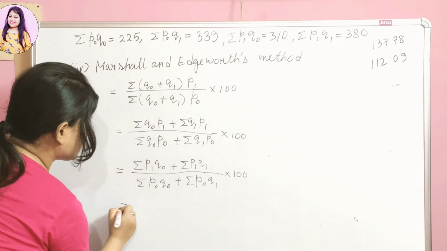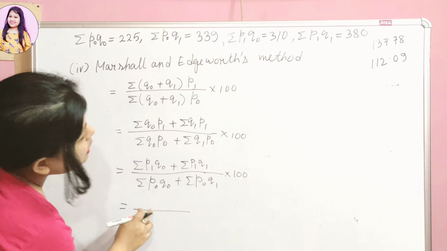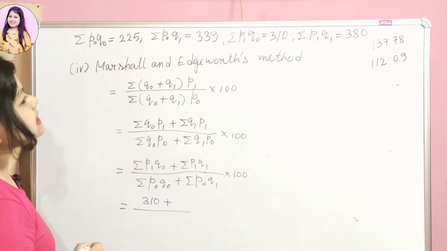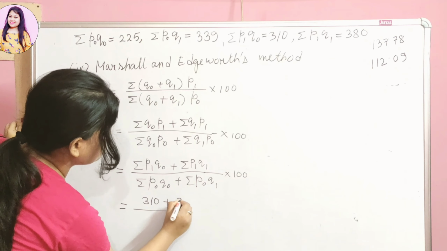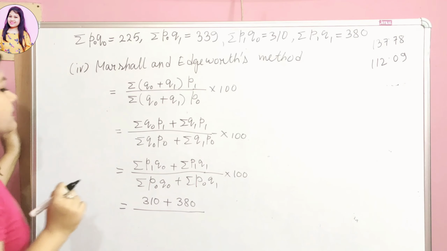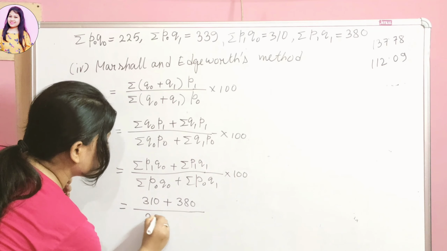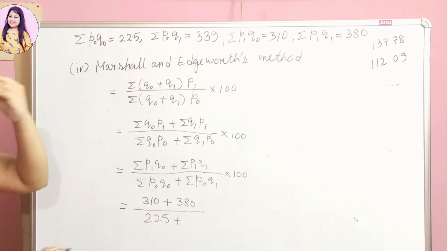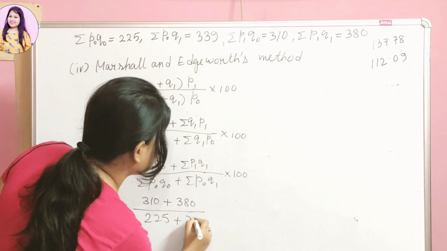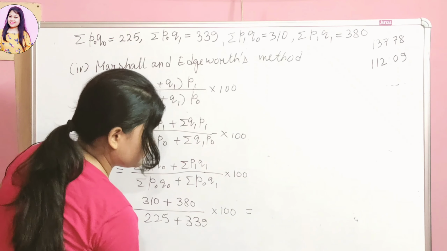Now substitute the values. Here P1 Q naught is equal to 310 plus P1 Q1 is equal to 380, divided by P naught Q naught equal to 225 plus P naught Q1 equal to 339, into 100.